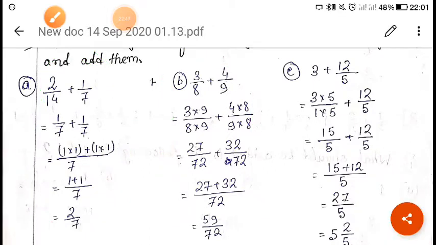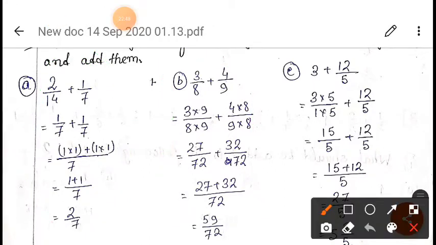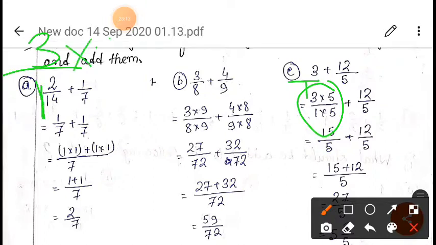Let me explain this. As you can see, 3 plus 12 by 5, where nothing is there, means 1 is there, right? So you can write 3 by 1, or you can write 3 by 1 into 5 by 5, like this also. We will multiply this with 5, and this one also with this 5.